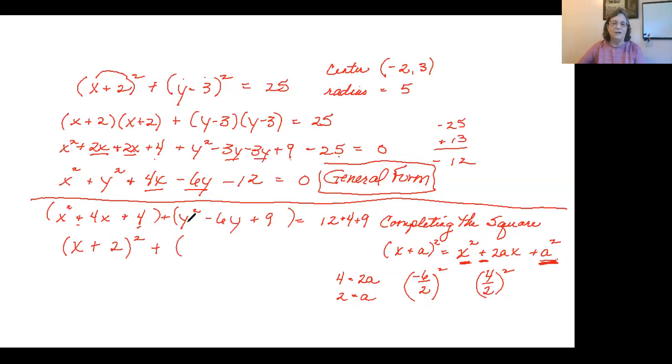This is guaranteed to factor this way because we just arranged to have all three of these terms. The same goes for the y part. And this simply adds up to 12, 16, and 9 is 25. You notice that we're right back where we started. So that's how you would go from general form to the circle radius form. To get from circle radius form to general form, all you do is FOIL everything out and then set it equal to 0.